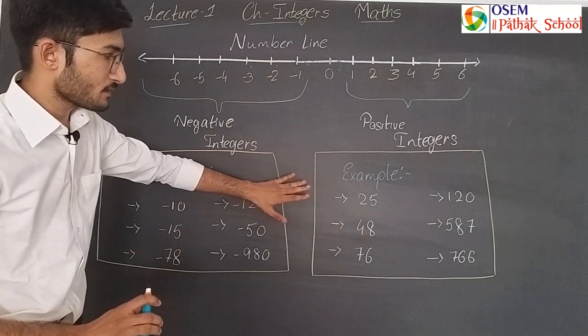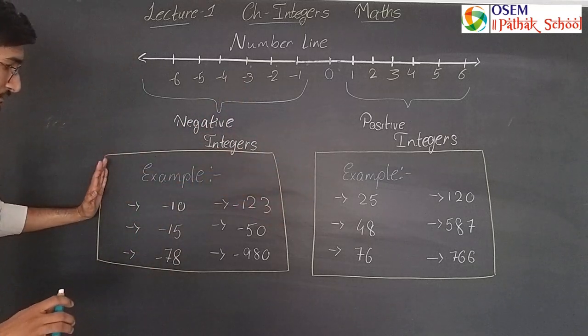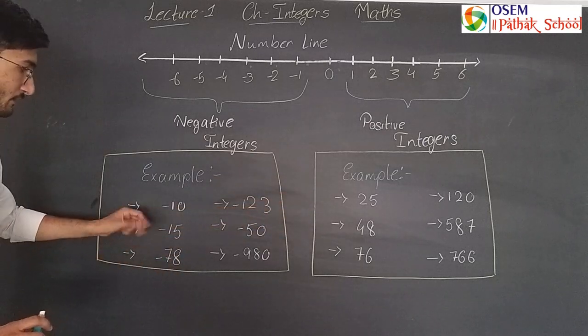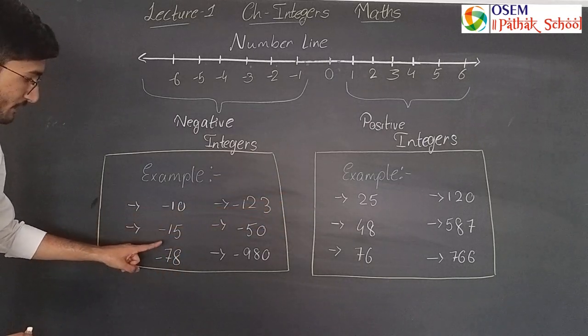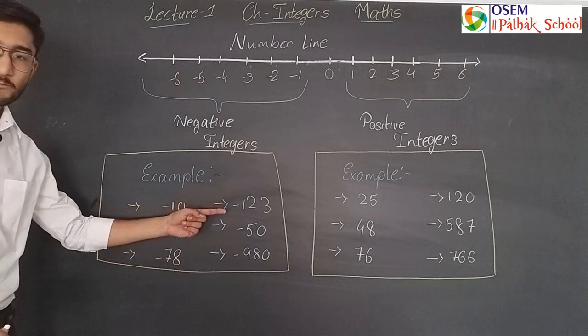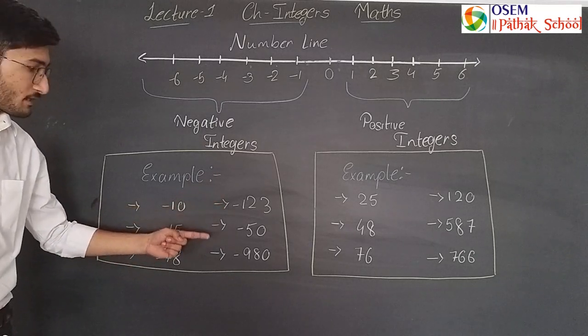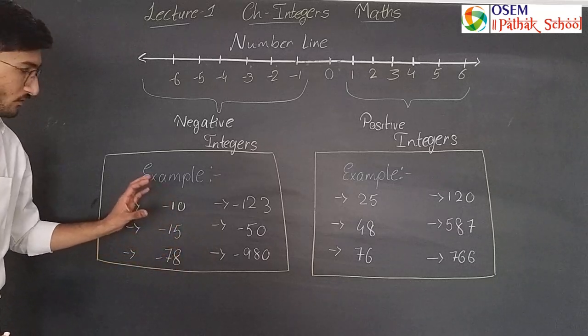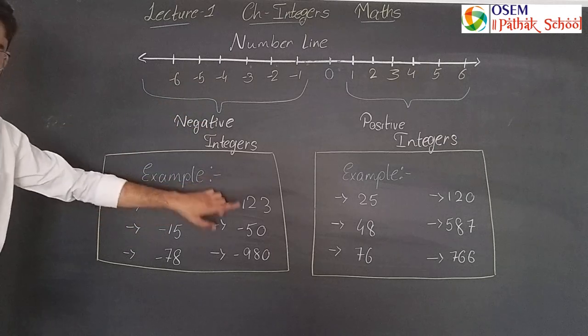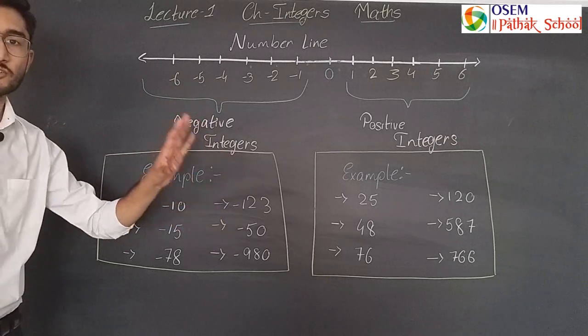Here are some examples of negative as well as positive integers. Examples of negative integers are -10, -15, -78, -123, -50, -980. It does not stand for only one-digit numbers; it can be 2-digit, 3-digit, 4, 5 and so on.